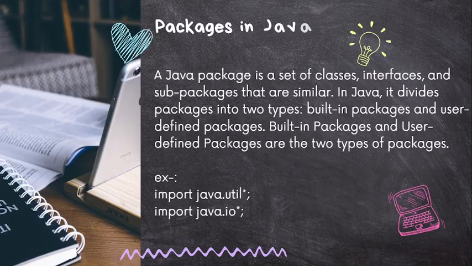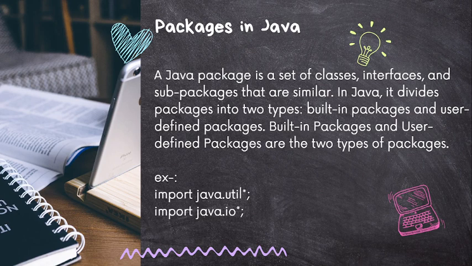Now we'll see packages. Java provides us a set of classes, interfaces, and sub packages that are similar. In Java, packages are divided into two types: built-in packages and user-defined packages. You can create your own packages as per your requirement, which are user-defined packages.